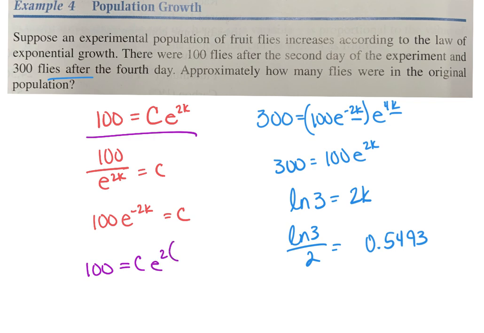I now know what my k is. So now I can use this to figure out what my initial was. And so I would just say the 100 divided by this e to the 2 times my k. And I'll get approximately 33 fruit flies based on the fact that I rounded. It could be somewhere around there.